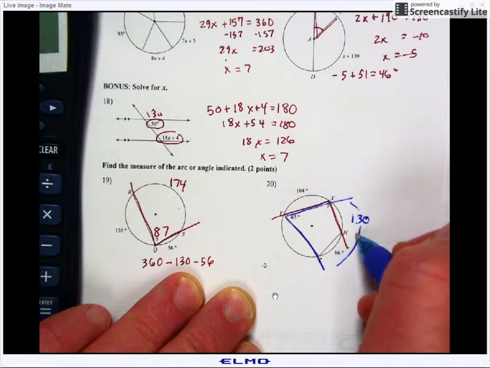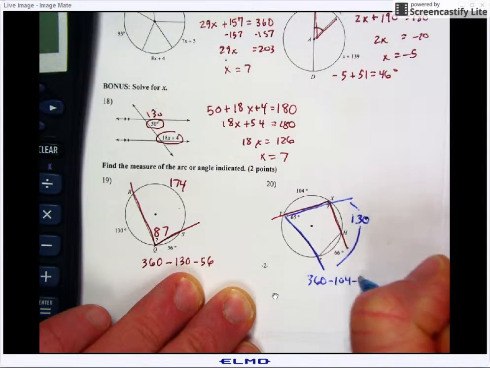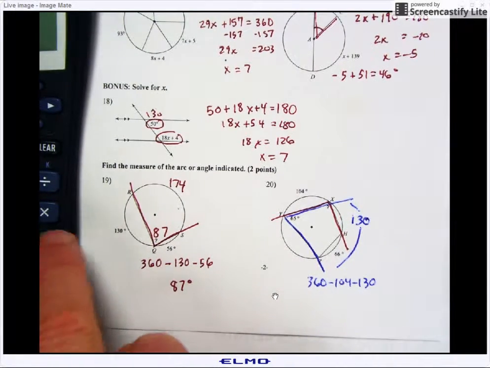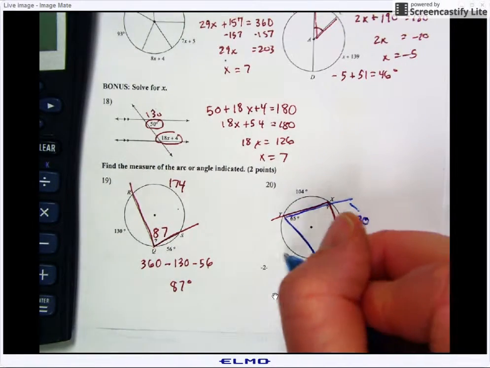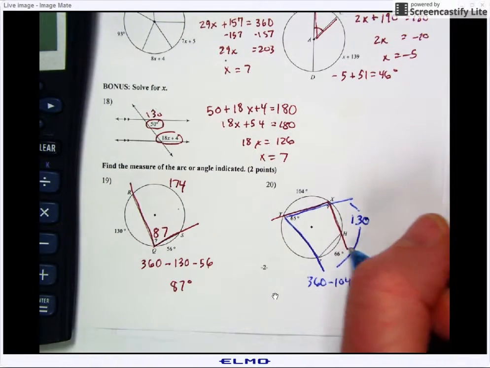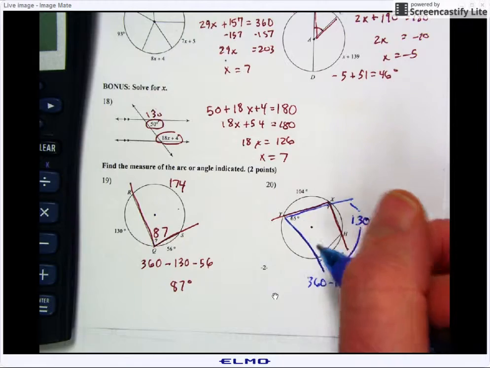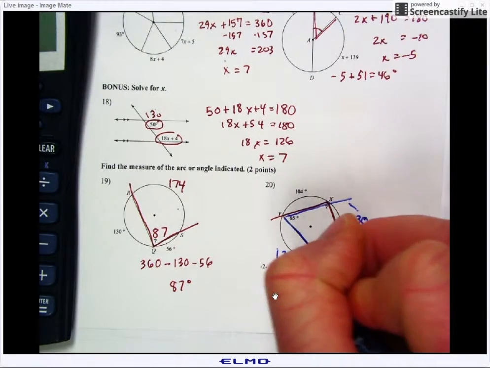So I have 104 and 130. If I take 360 minus 104 minus 130, I get 126. So the extra right here is 126 because I have this distance. So this is 126.